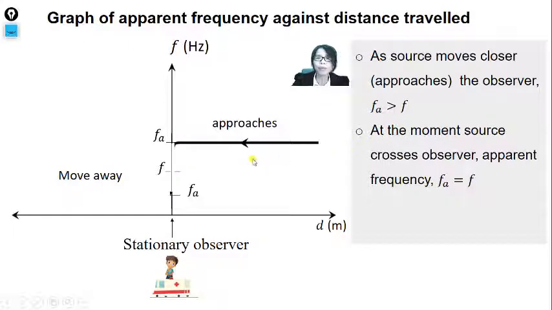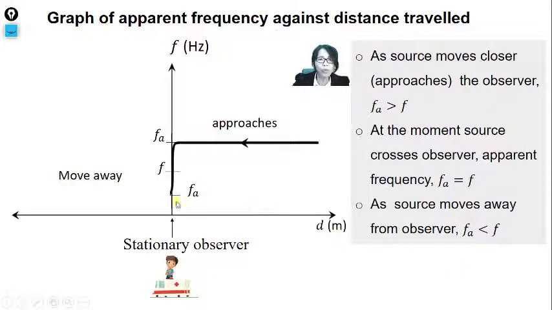At the moment where the source crosses the observer, we will find out that our apparent frequency will equal the actual frequency. That means the observer will hear the actual frequency.